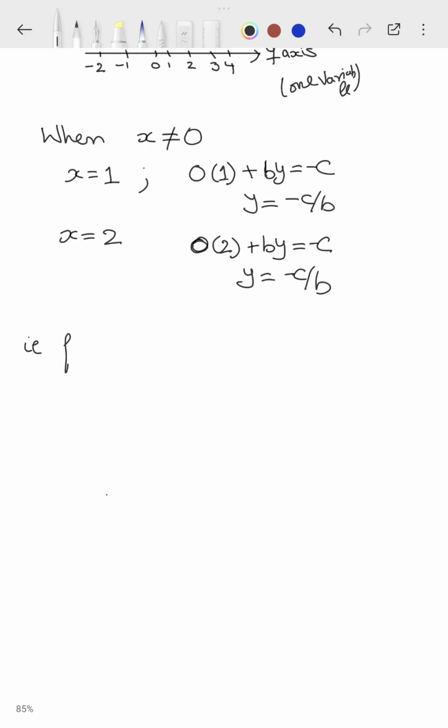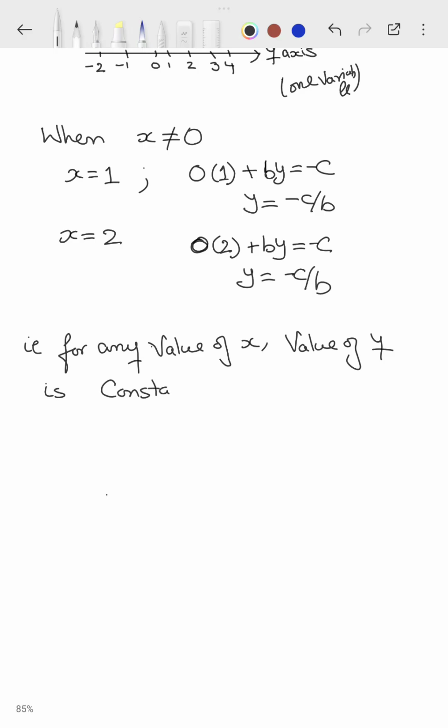That is, for any value of x, the value of y is constant. And if we draw such a graph, we get a line parallel to the x-axis. Such a graph is parallel to the x-axis.